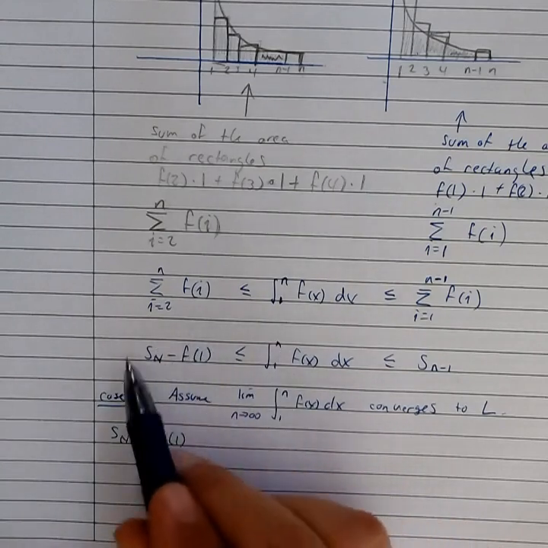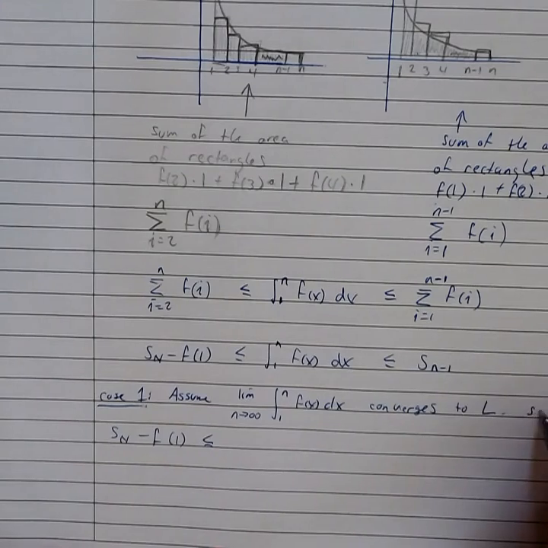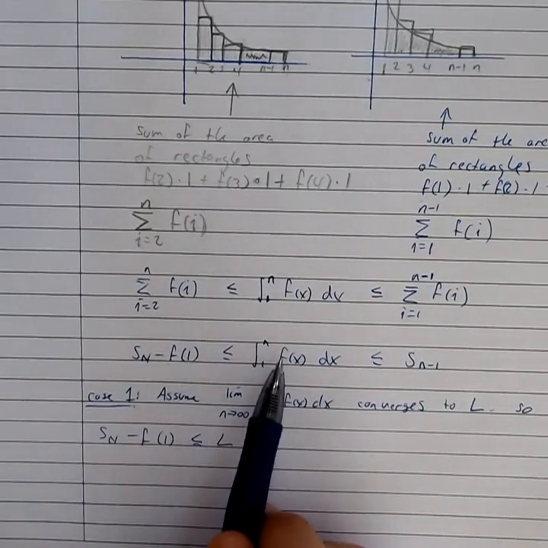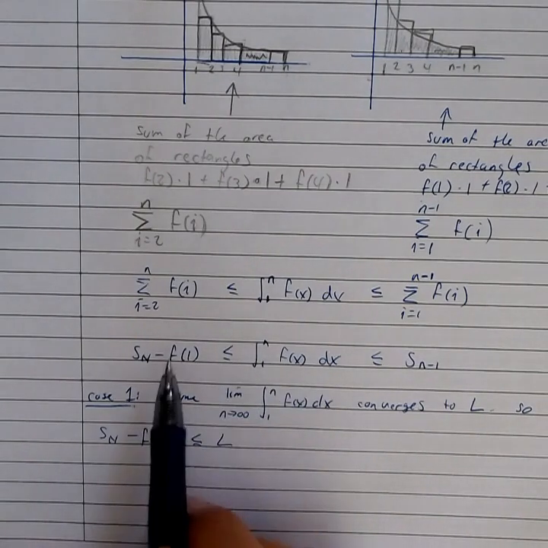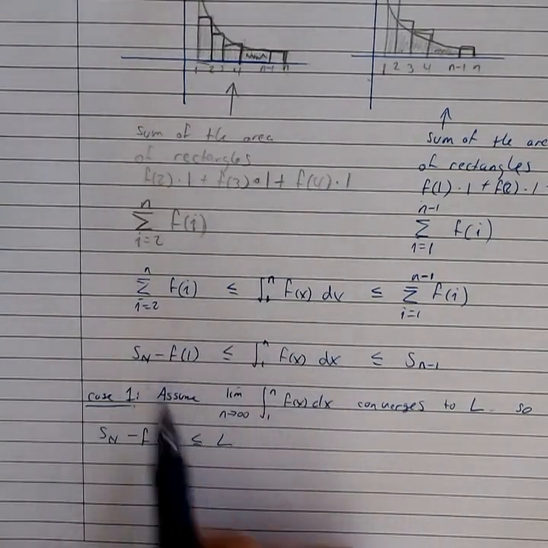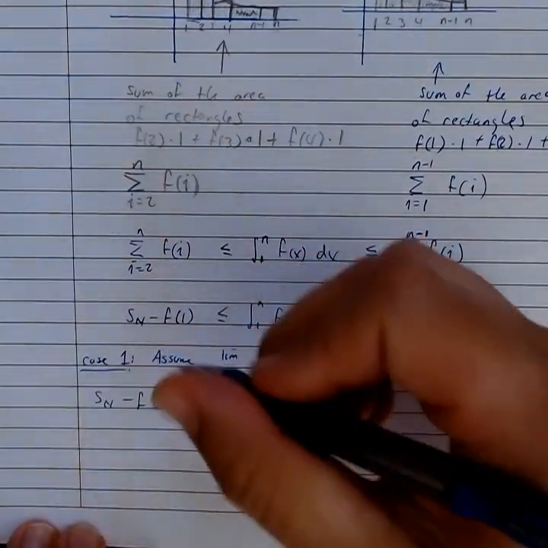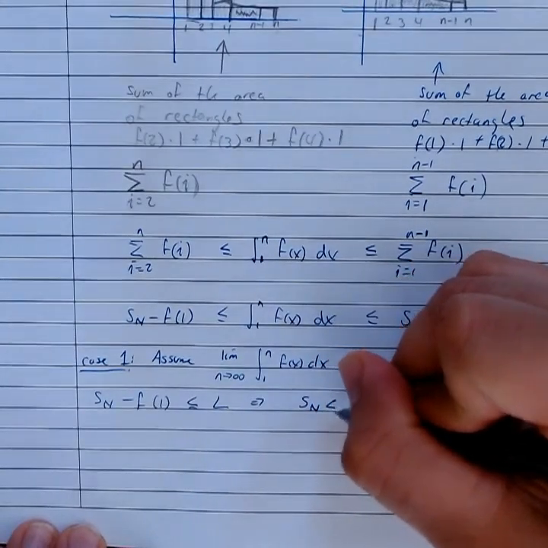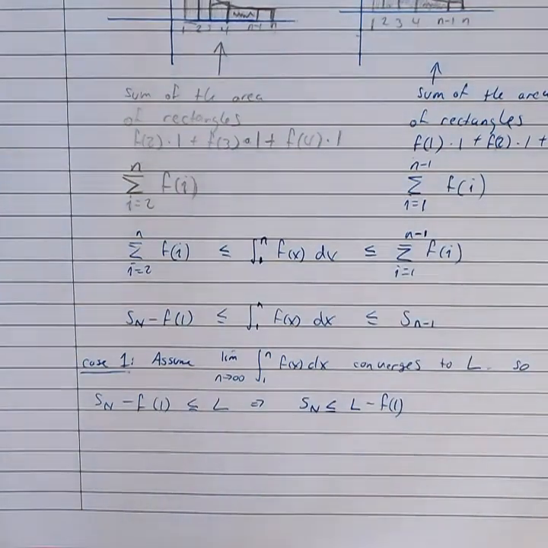So no matter what, this must be less than L. This is always less than this. So this is eventually going to become L as n approaches infinity. Well, this always has to be less than this. So if this eventually becomes L, this has to be less than L. Let me add that over to the other side here. So that means that s sub n is less than or equal to L minus f of 1.